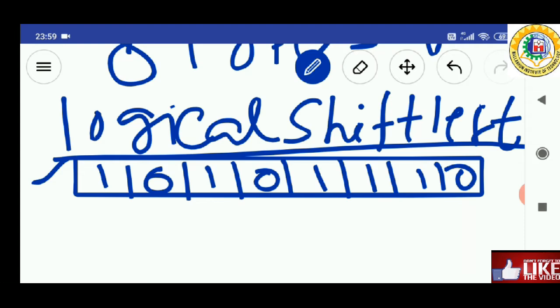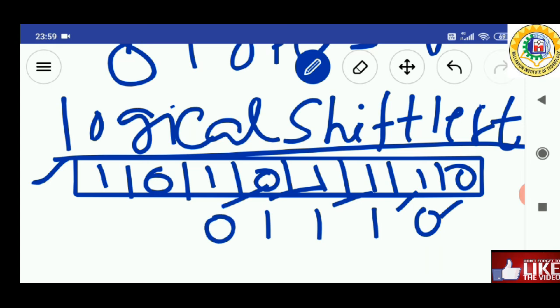Then what will happen? Left shift means each bit will be shifted to its left position. So this bit will come here 0, this bit will come here 1, this bit will come here 1, this 0 will come here 0, this 1 will come here 1, this 0 will come here 0.